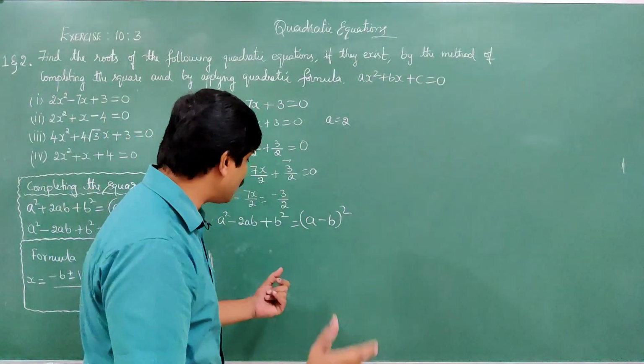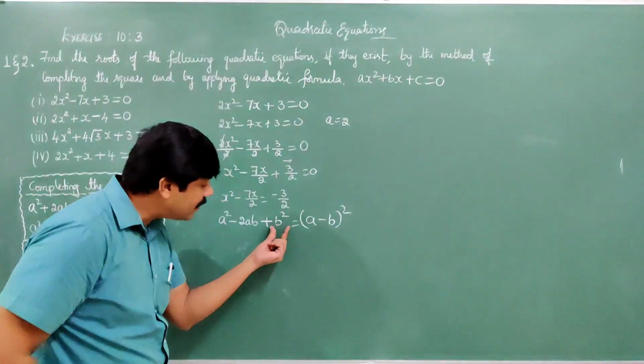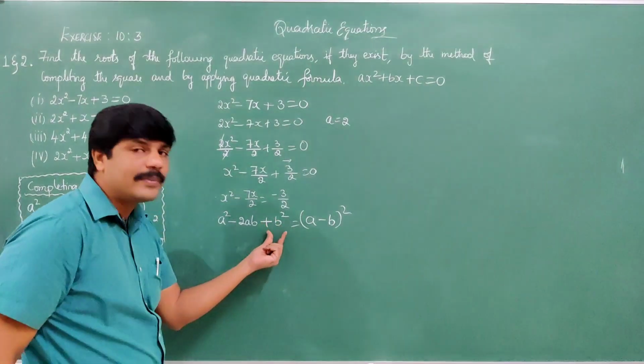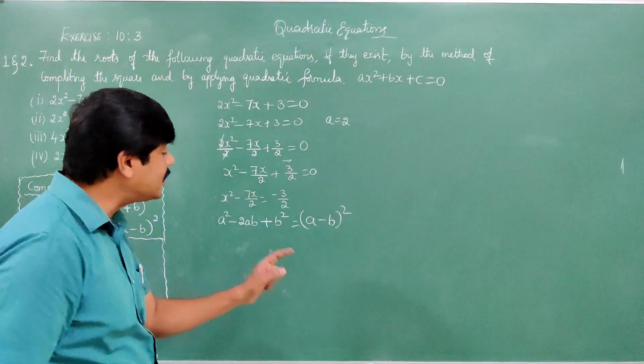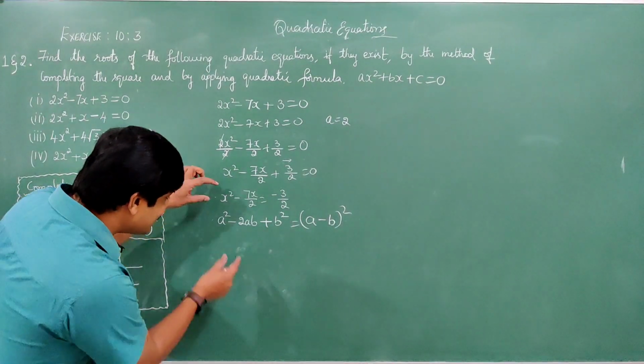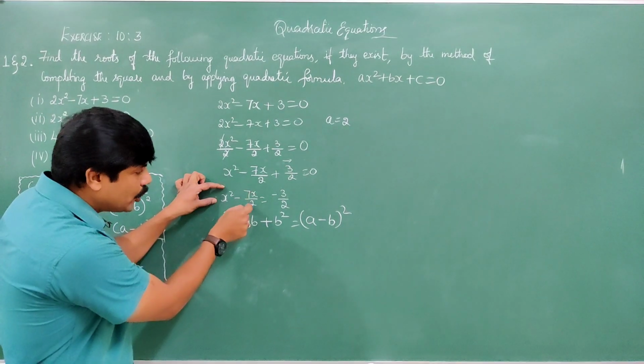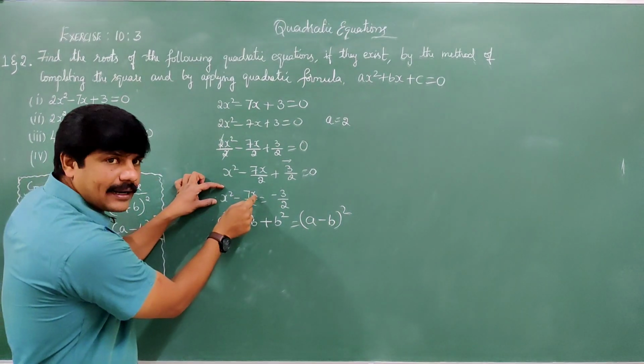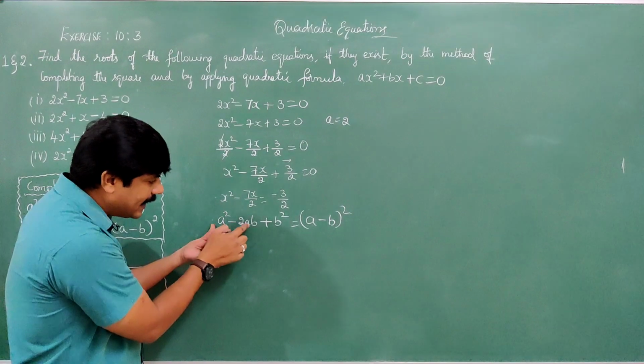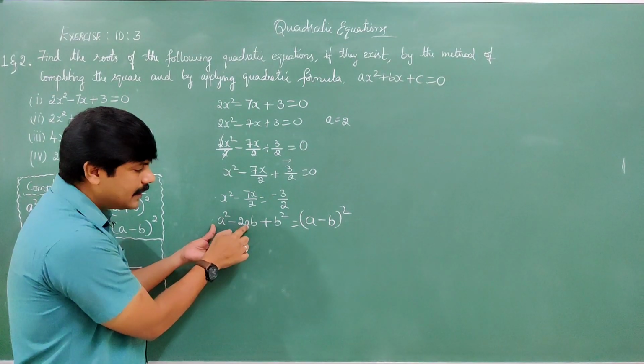When can you complete the square? Only when you add the b square. Now, how do you find the b square here? Here you can see this is a square, and this is 2ab, because x is there along with it.